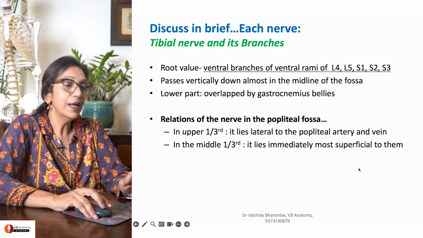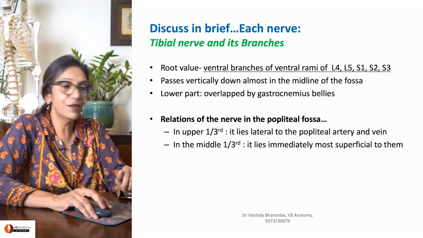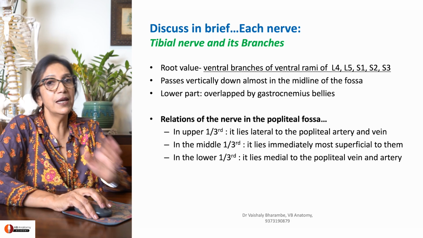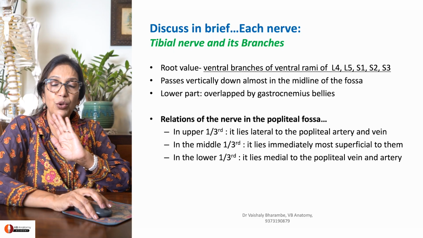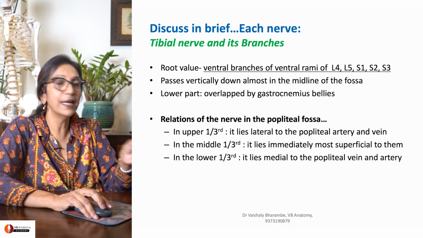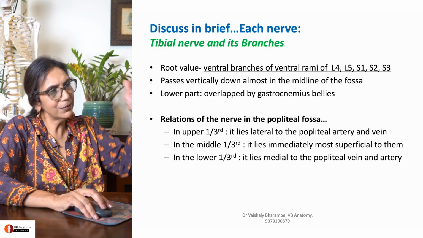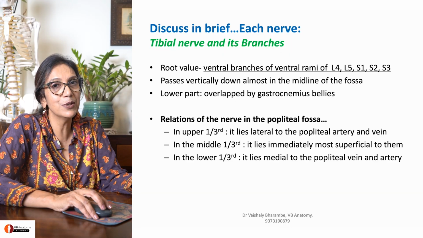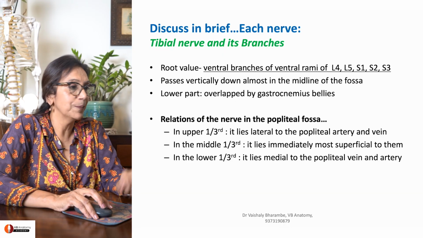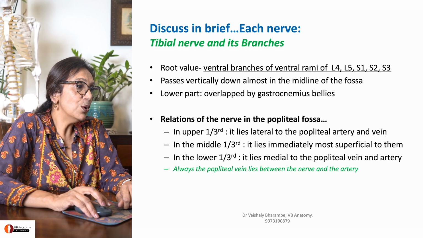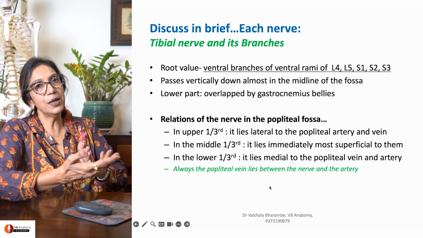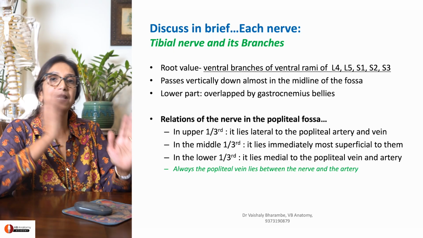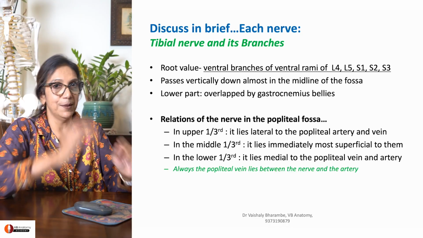In the middle, it lies the most superficial. In the lower one-third, it lies medially. I'm not going to repeat this. You should by now understand this. If you don't, in the later part of the class, I will be giving you examples of this to make this concept clear. So, always between your tibial nerve and the popliteal artery, there will be a popliteal vein.